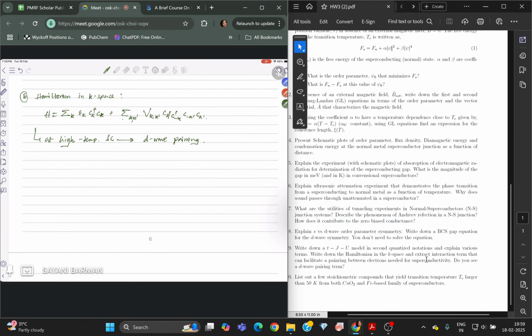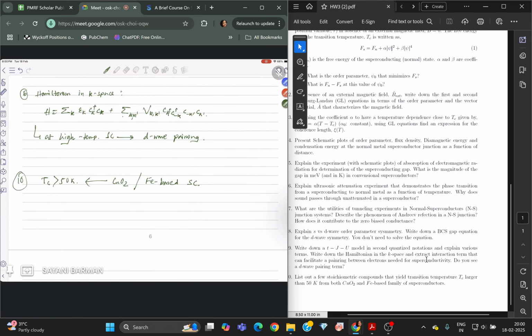Now, the last question is: list out a few stoichiometric compounds that yield a transition temperature larger than 50 K from both cuprate and iron-based superconductors.